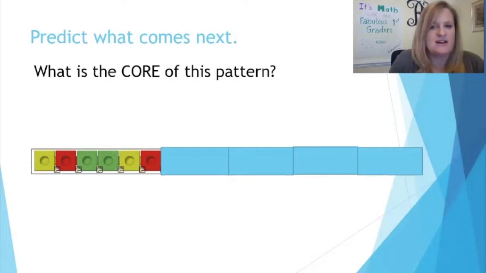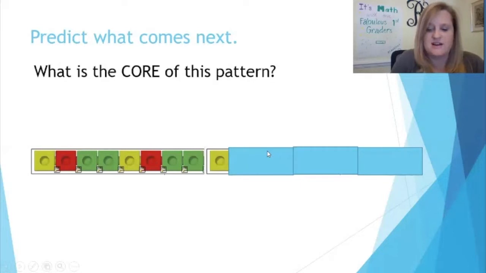I need this pattern extended so I can tell what the core is. All right, so let's look at what I have so far. Yellow, red, green, green. Yellow, red, green, green. Yellow. What do I think is going to come next? Maybe red. And then green, green. Let's look.